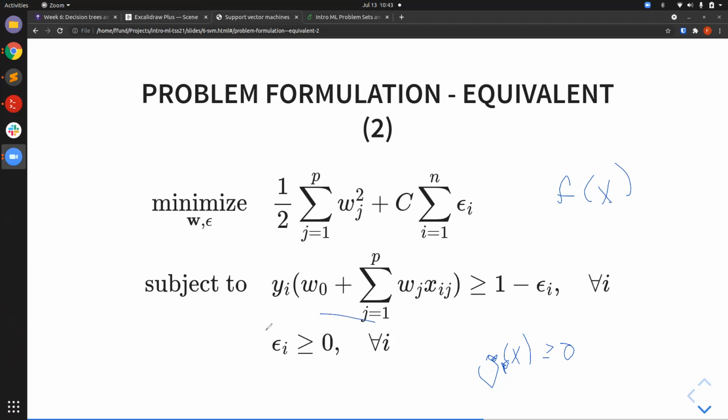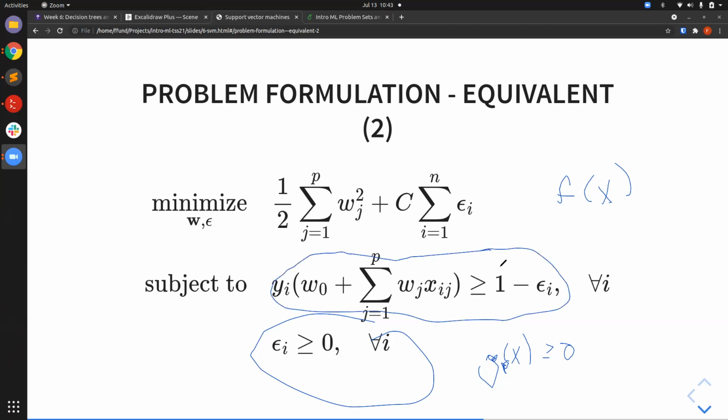Well, this has to hold for every i in n. So for every sample, we need epsilon greater than or equal to 0. So that means we have n constraints because of this term. And similarly, we have n constraints because of this term. So we actually have 2n constraints, where n is the number of samples. And they still actually fit the requirement of, let me erase that.